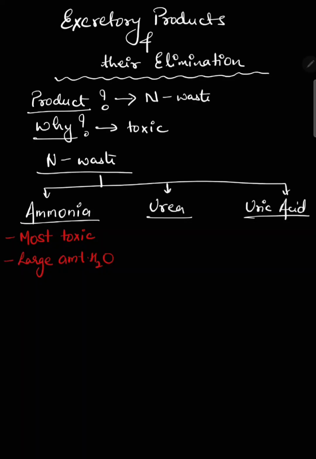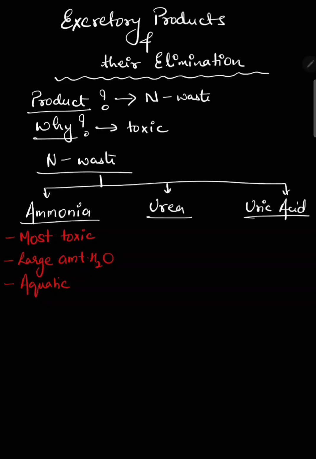So can you imagine an organism living in a desert area which produces ammonia as a waste material? It cannot, because it will not have water around it to eliminate ammonia, and ammonia needs a lot of water, so its body will not be able to survive. So where should organisms which eliminate ammonia live? They should live in an aquatic habitat, right, in a water region.